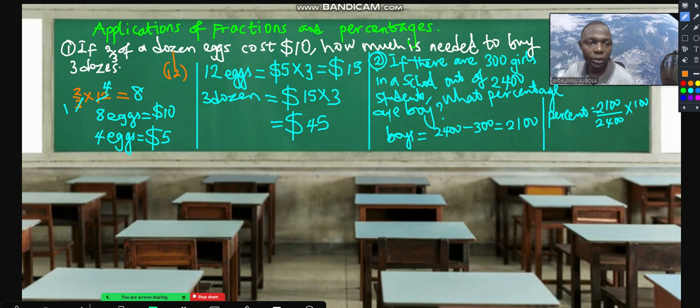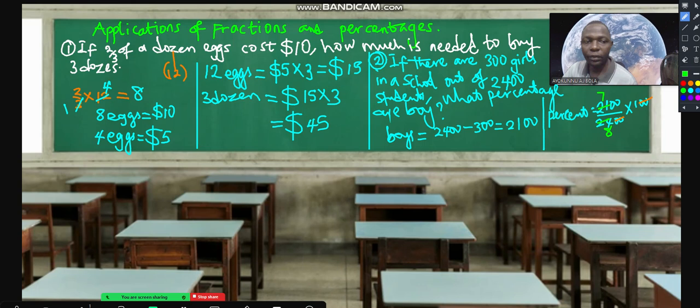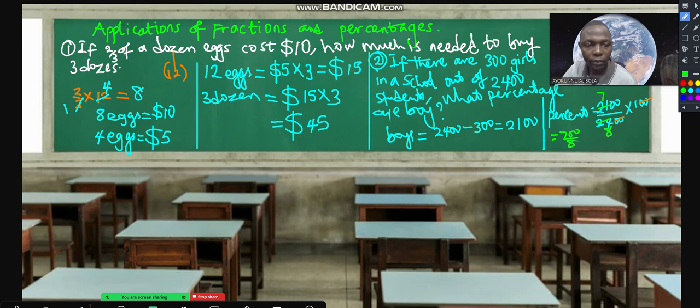So 2 zeros cancel 100. Then you can divide 3 here 8 and 3 here 7. That is 700 divided by 8. If I divide by 4, how many 4 goes in 7?